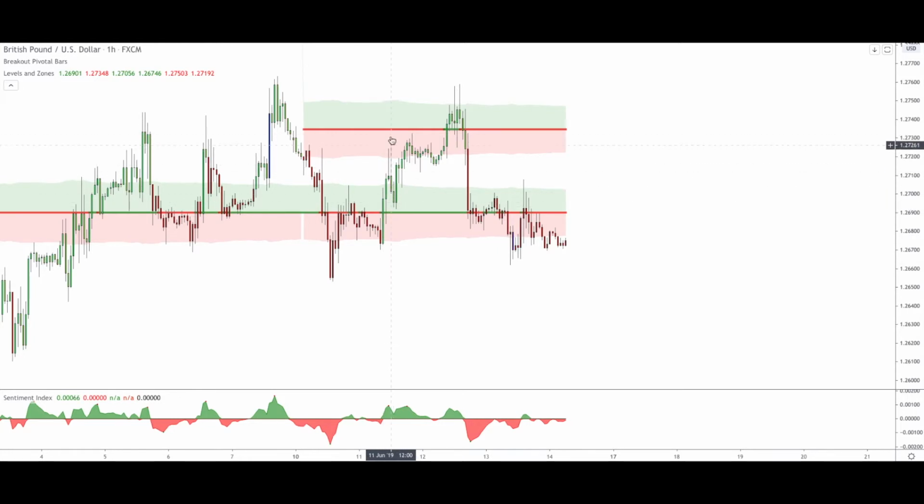It tested before the resistance appeared, and it went all the way up to test, and then again, and then became support and tested the support, and then down, and you see how these levels play out. So since we are sitting below two major resistances, the price is likely to go down.